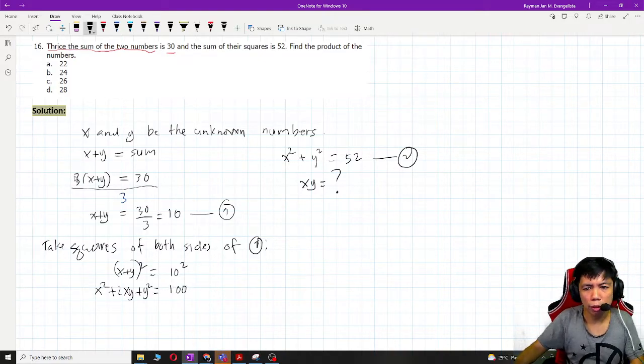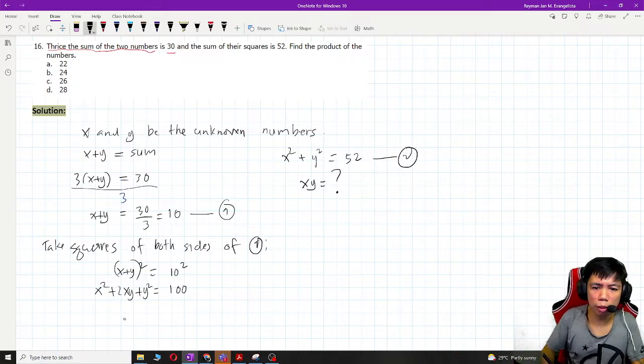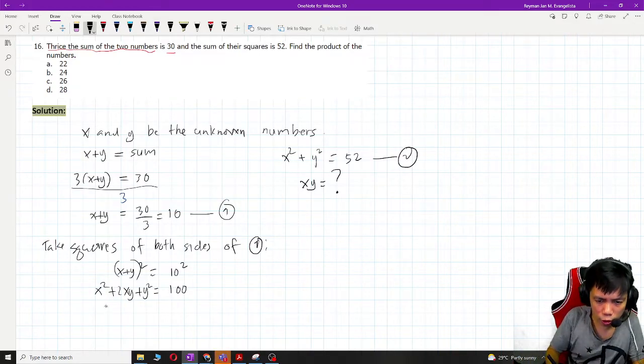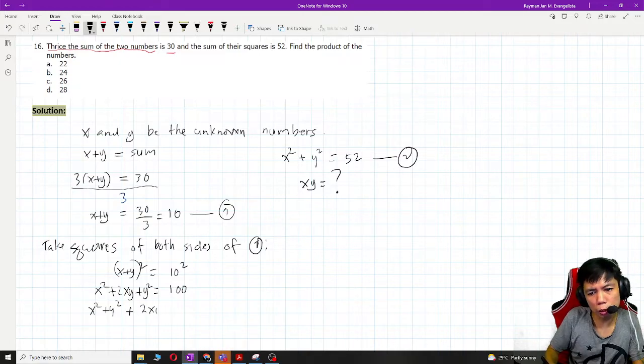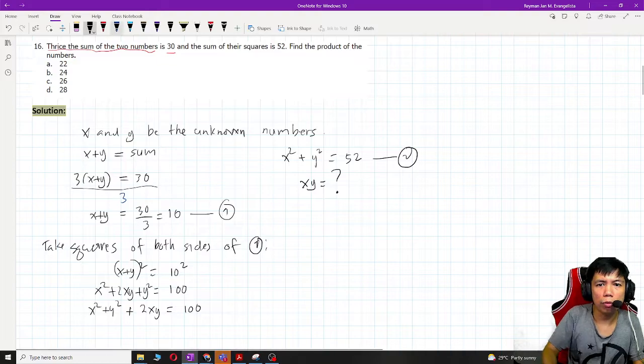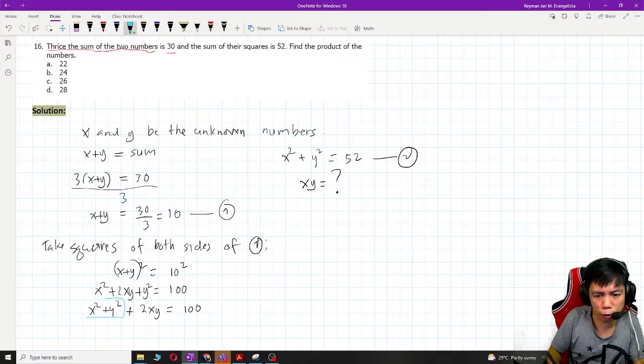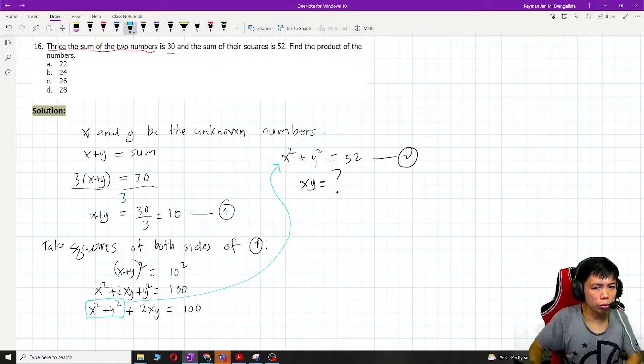Then we will make some groupings here. Dito ko ilagay yung x squared, then yung plus y squared, then plus 2xy equal to 100. Now, what is x squared plus y squared? Yung x squared plus y squared natin, ayun siya guys, 52.